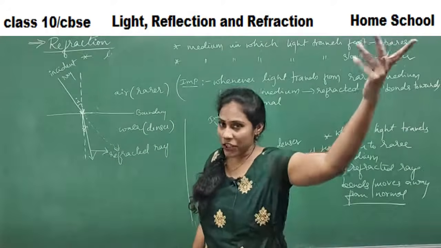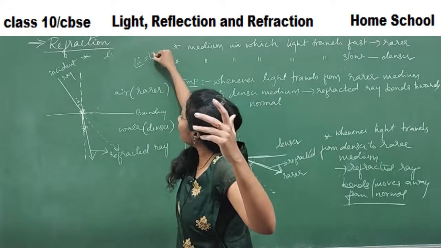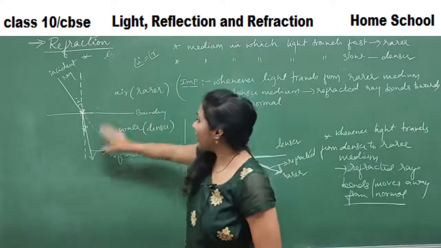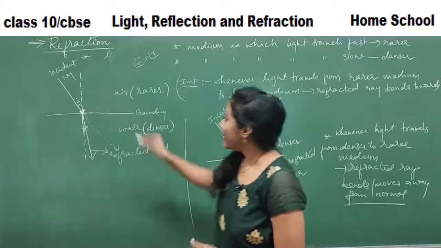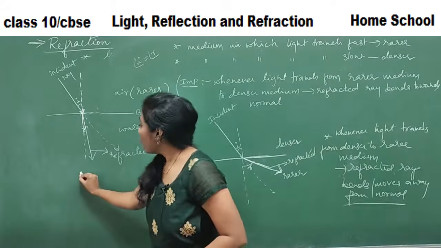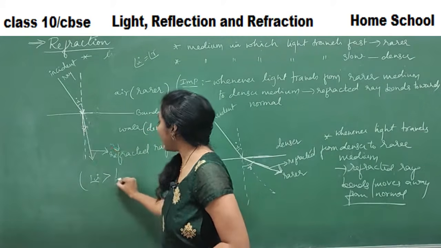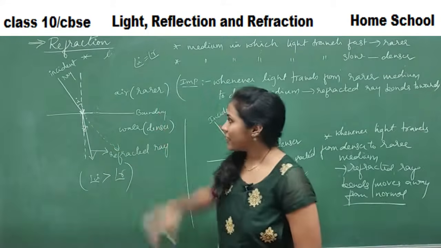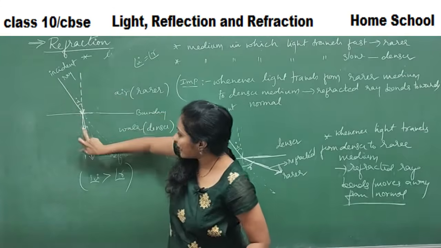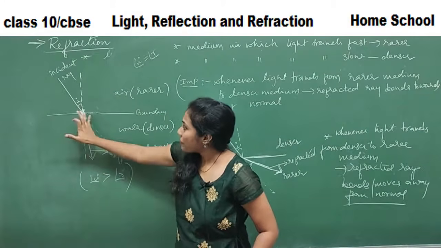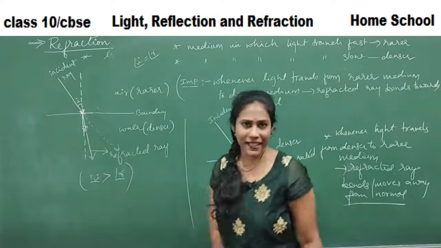Okay, and here can you compare the angle of incidence and angle of refraction? In case of reflection, you studied angle of incidence was equal to angle of reflection, no? But here, can these two angles be equal? See, in this case, what happens? Angle of incidence is greater than angle of refraction, because the refracted ray is more close to the normal, so very less angle it makes.